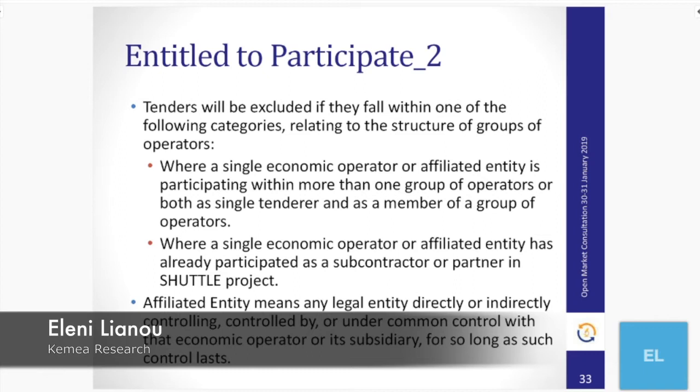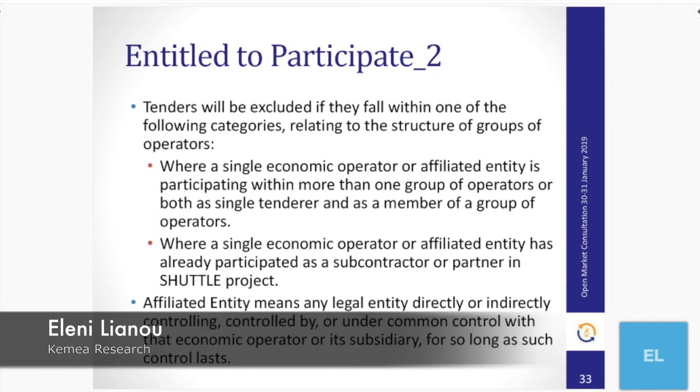Tenders, on the other hand, will be excluded if they fall within one of the following categories, categories that are related to the structure of groups of operators, where, for example, a single economic operator or affiliated entities participate in more than one group of operators, or both a single tenderer and a member of a group of operators, or where a single economic operator or affiliated entity has already participated as, for example, a subcontractor or partner in the Shuttle project.